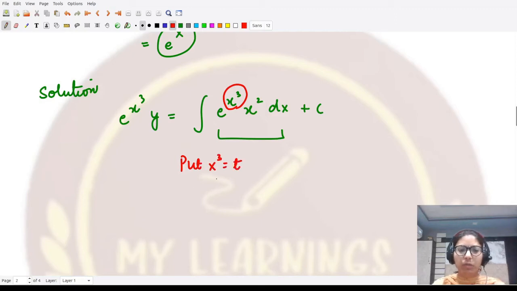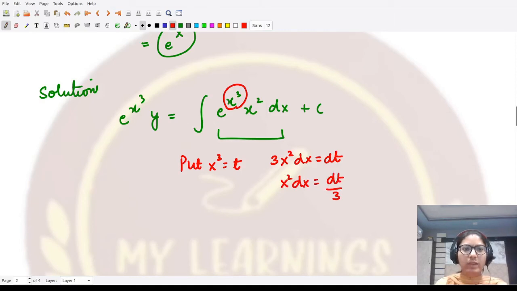Then taking the derivative, 3x square dx is equal to dt, so x square dx is equal to dt by 3. When we substitute all the values, we have e to the power x cube y equal to the integration of e to the power t into dt by 3, plus c.